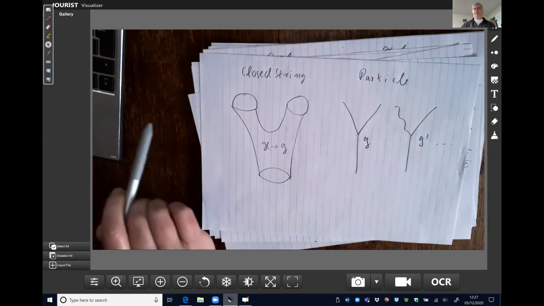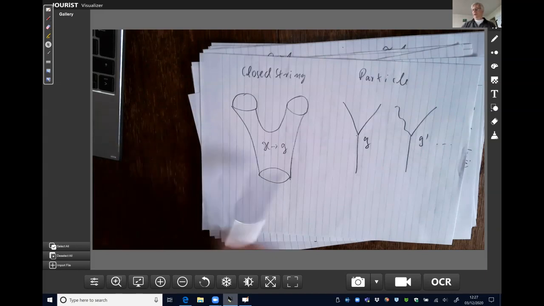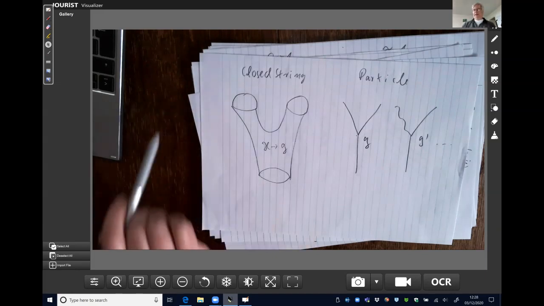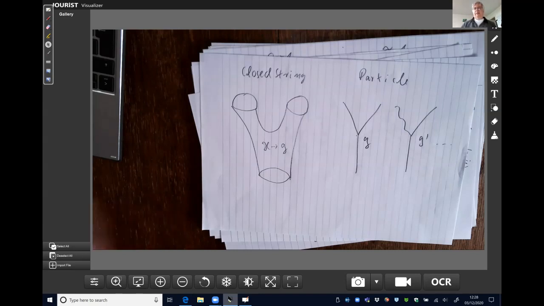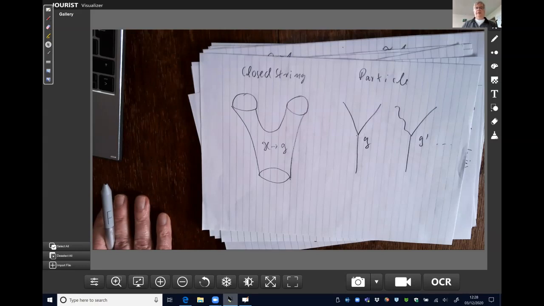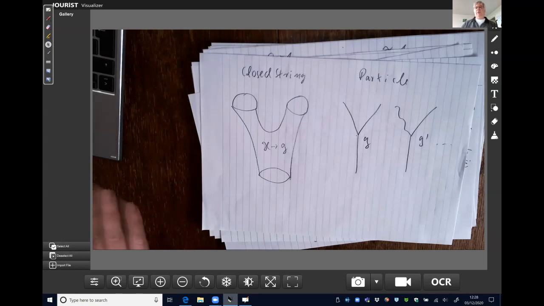But for a string, I don't have this kind of freedom. There's just one vertex, and I can introduce one coupling constant. By the way, this also persists if I have theories which have open strings. You can have series of closed and open strings, but it turns out that the open string coupling constant is then uniquely related to the closed string constant.